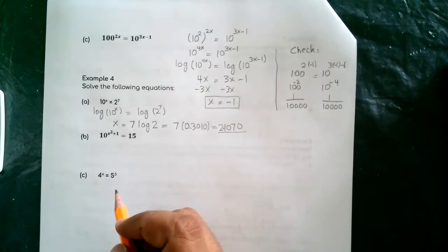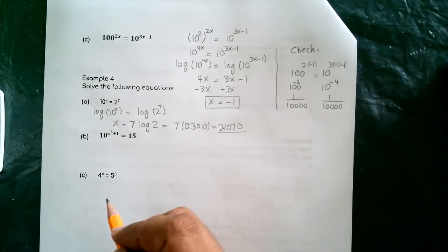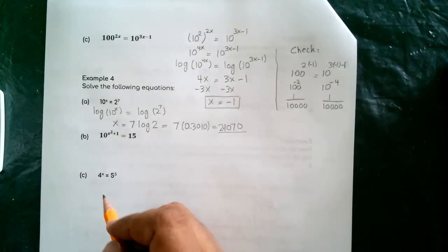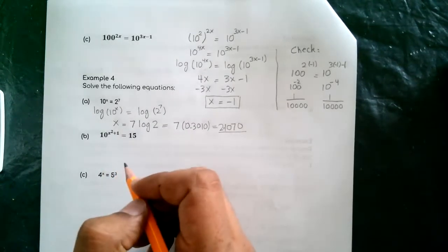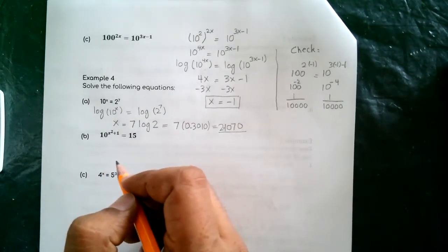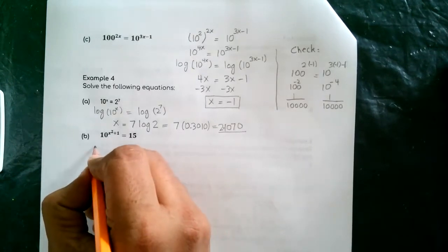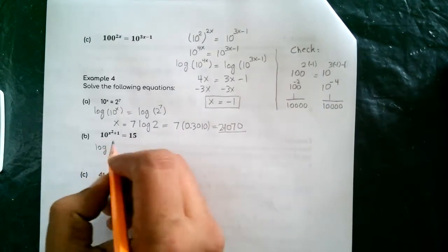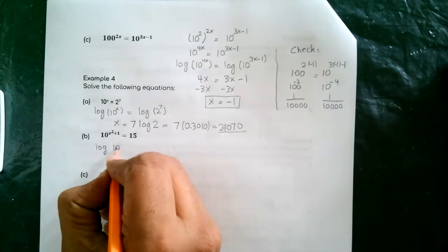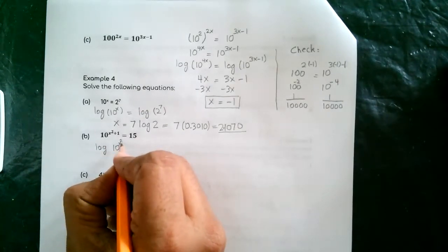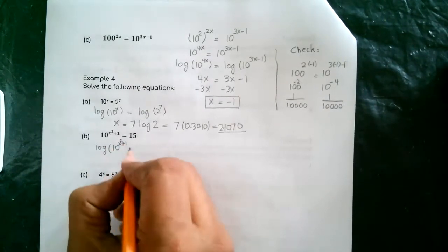And how to solve it? 10 exponent x squared plus 1. So what we are going to do is we're going to take the log. So we will have log of 10 exponent x squared plus 1.